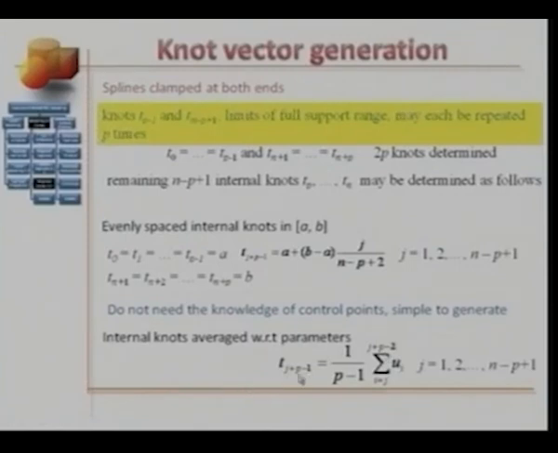For j equals 1, we are computing t sub p. So in a sense, t sub p is the average of the first p minus 1 parameters. Of course, we are ignoring the value u sub 0 here.